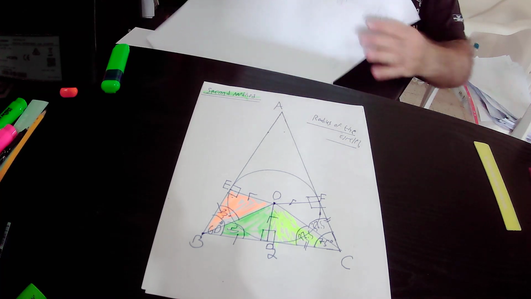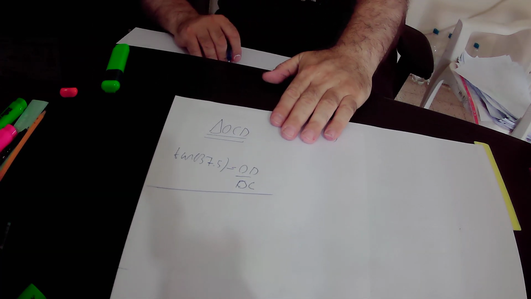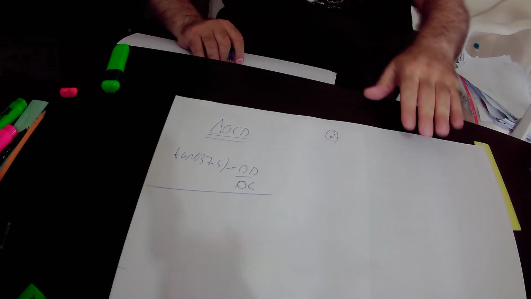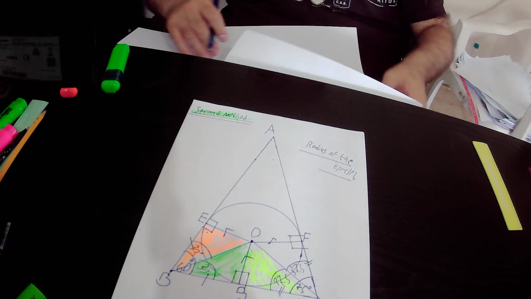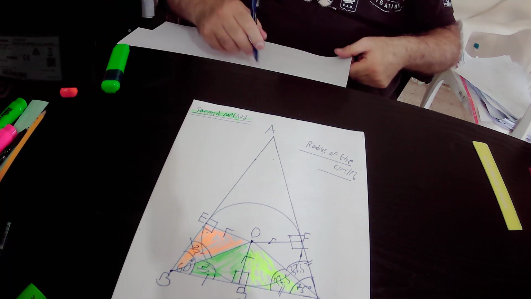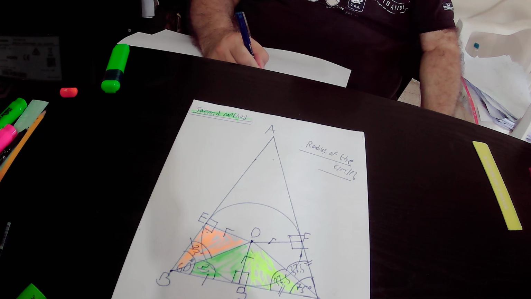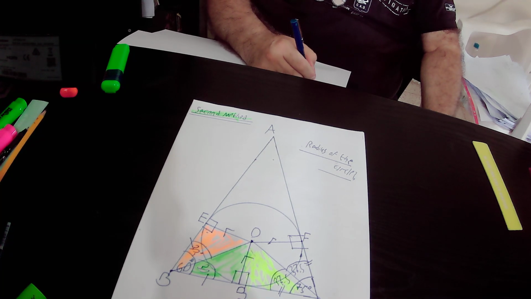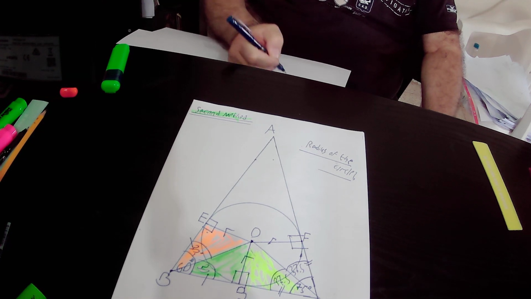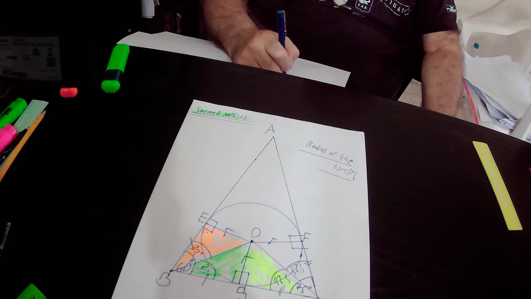OD equals R, so we have R over DC. So in conclusion, tangent 37.5 degrees equals R over DC.